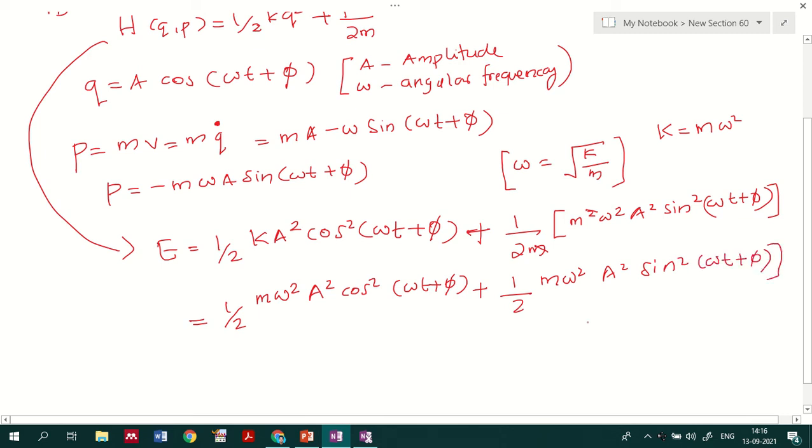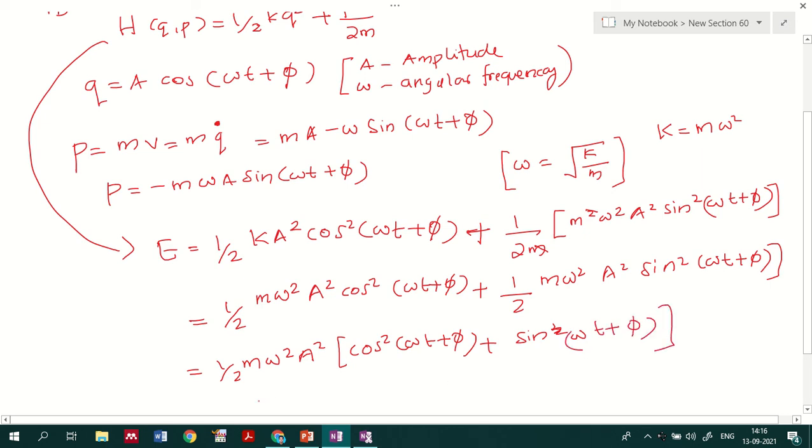Now I can take half m omega square a square outside, leaving cos square(omega t plus phi) plus sin square(omega t plus phi). So this is equal to E equal to what?